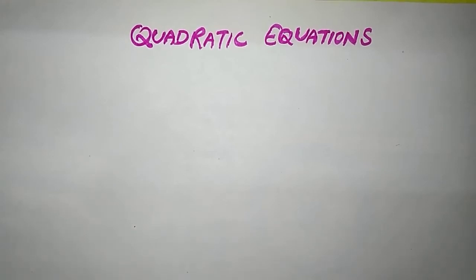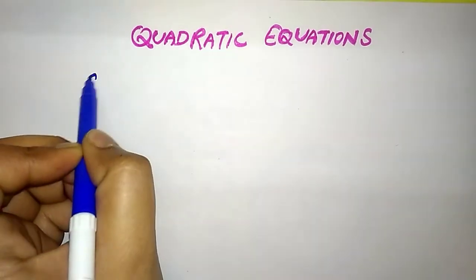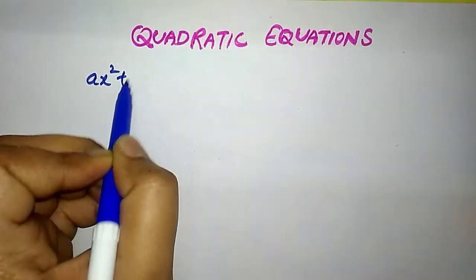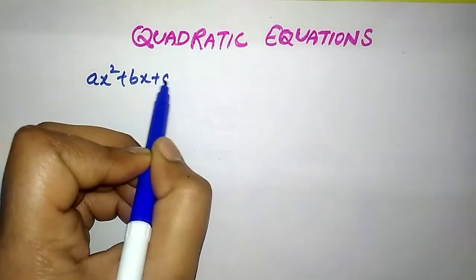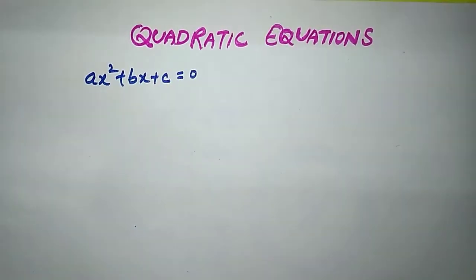In this lecture, we are going to discuss quadratic equations, which is chapter number 4 of class 10th of NCERT. Now, the first question is, what are quadratic equations? Quadratic equations are the equations which we can write in the form of ax square plus bx plus c is equal to 0.